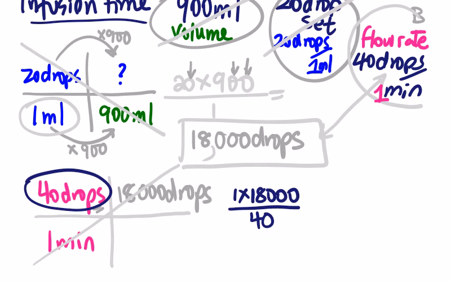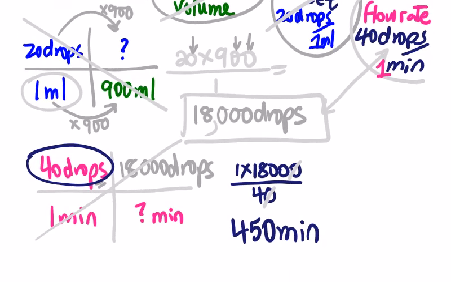So doing this calculation, the top is the same. You can cancel a few zeros or a couple of zeros straight away, or you do the full calc, 18,000 times 1 divided by 40. So we get 450. Because this is sitting here, the answer has to come out in minutes.